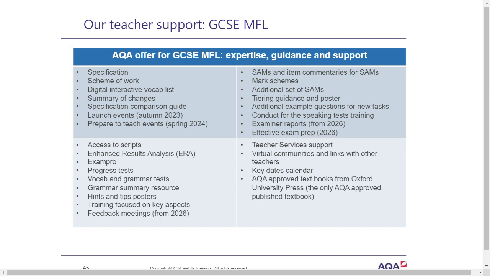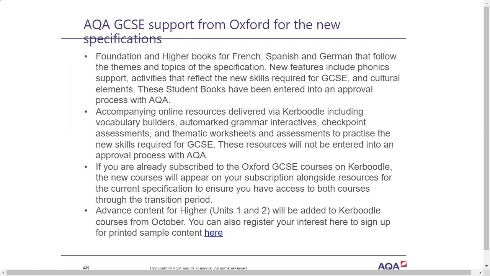I'm going to talk a little bit more about Oxford University Press. They are the only publisher who will gain an approved status for their textbook, and I'm going to talk a little bit more about that now. So this is a summary of the support from OUP. There will be foundation and higher books for French, German and Spanish for the new specification.